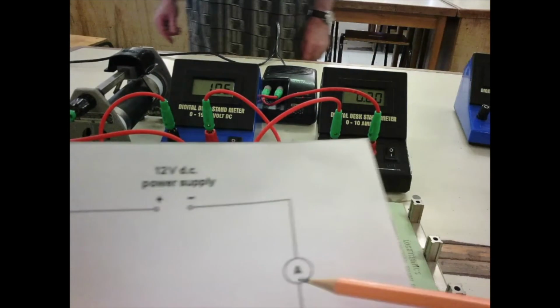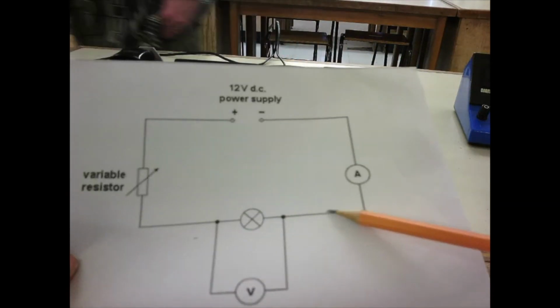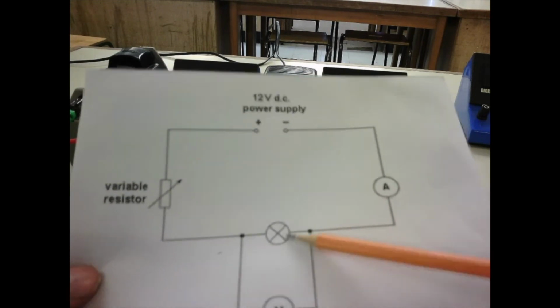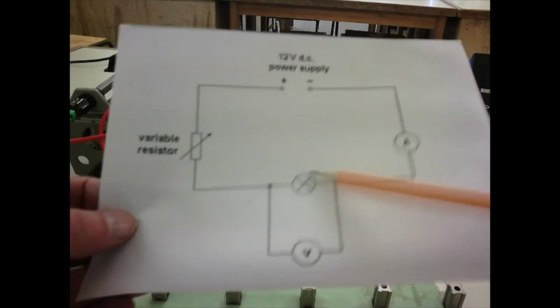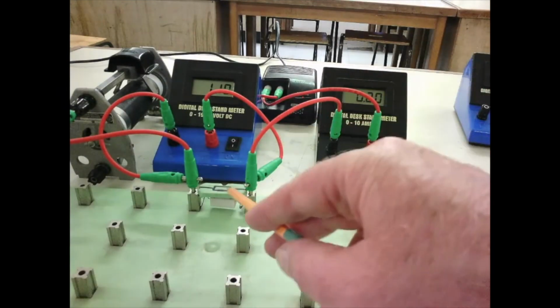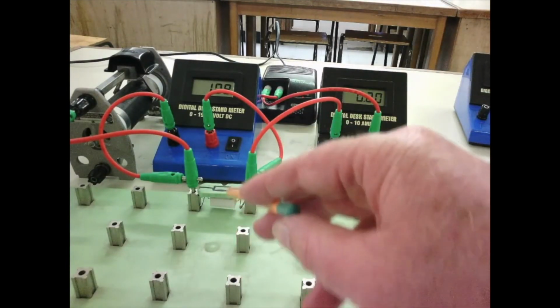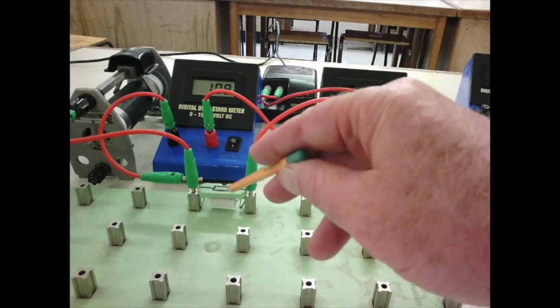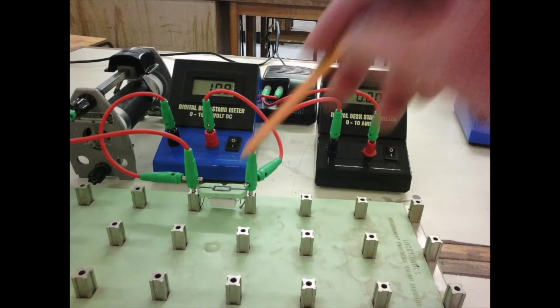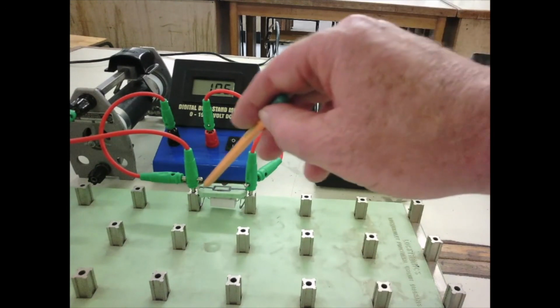We then, if we trace out underneath the ammeter, we then go to the component under test. Now in this circuit diagram, yes, we have a bulb or a lamp. We are going to be using a resistor, and you can see the symbol for the resistance there.